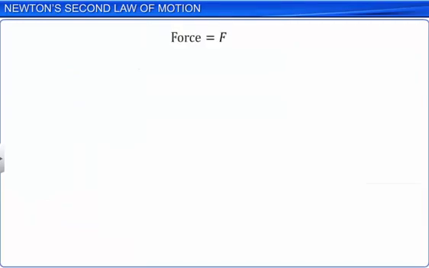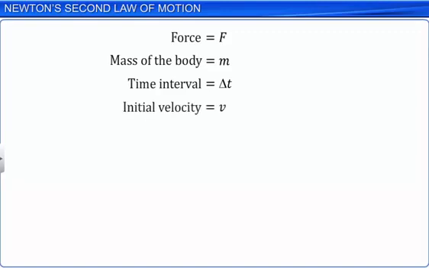Consider a force F being applied on a body of mass m for a time interval of delta t seconds. This results in a change of velocity of the body from initial velocity v to final velocity v plus delta v.